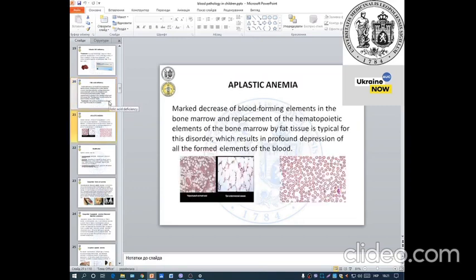The next is aplastic anemia. Marked decrease of the hematopoietic cells in the bone marrow with replacement by fat tissue is typical for this disorder, which results in profound depression of all the elements of the blood.